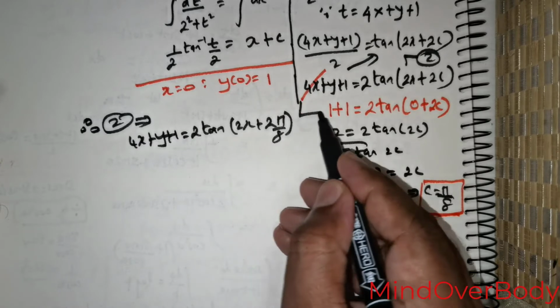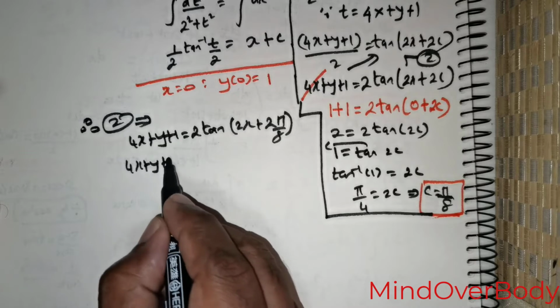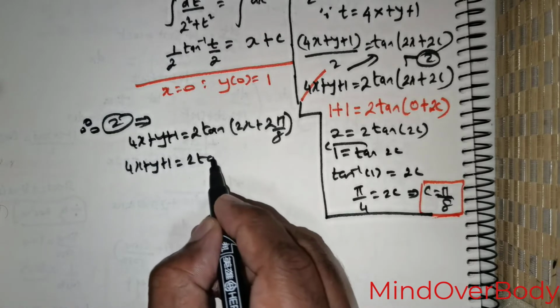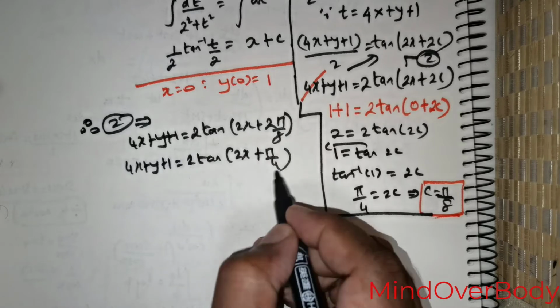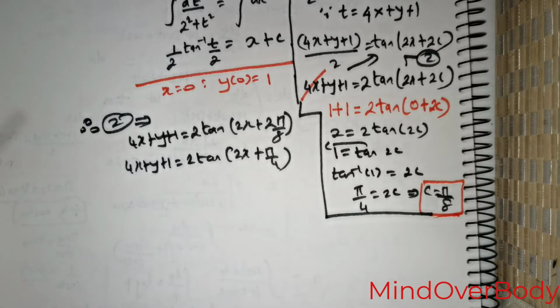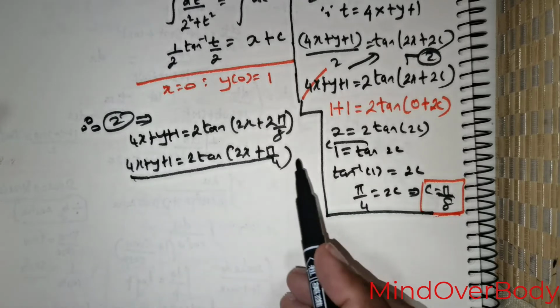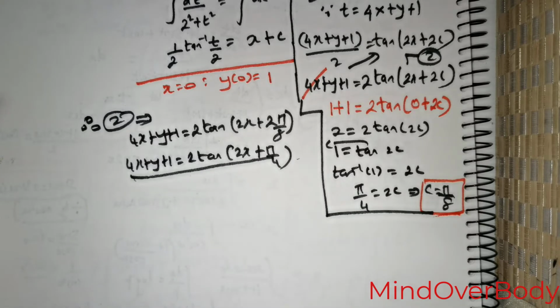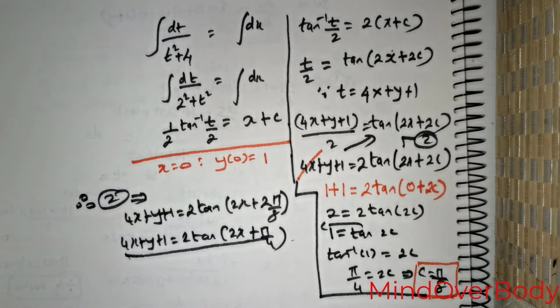I substitute that. So this is going to be 4 times (x + y + 1) is equal to 2 times tan of (2x + pi over 4). So this is the final answer for the question, students. So we will move on to the next one.